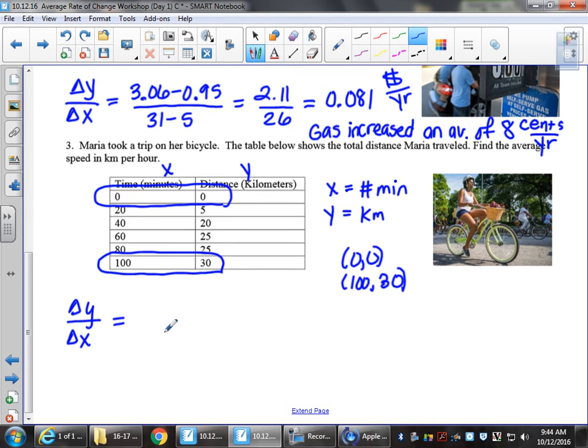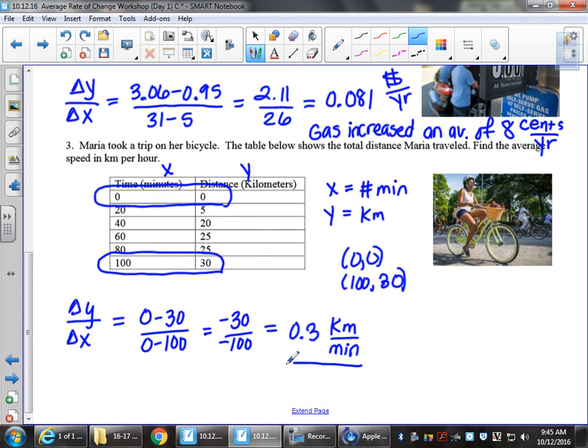We want a unit rate, so that would involve dividing. Remember, the order doesn't matter as long as you follow whatever order you're doing.